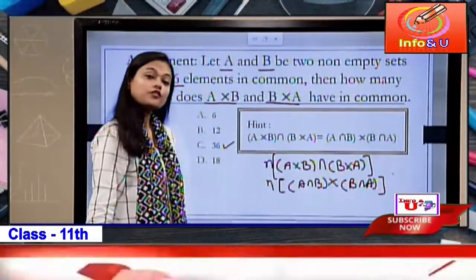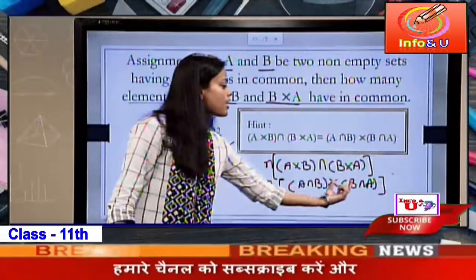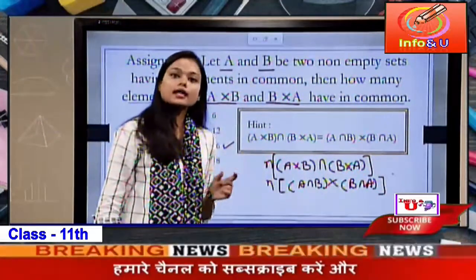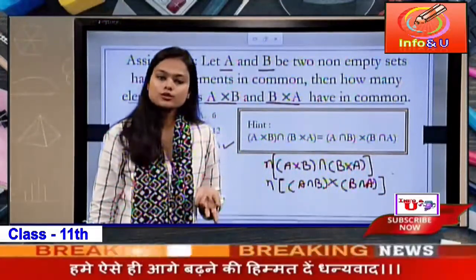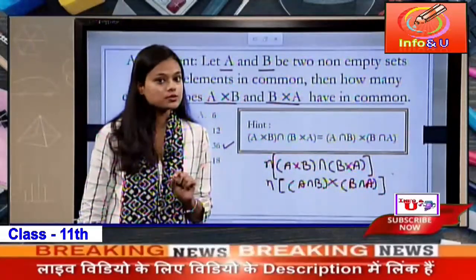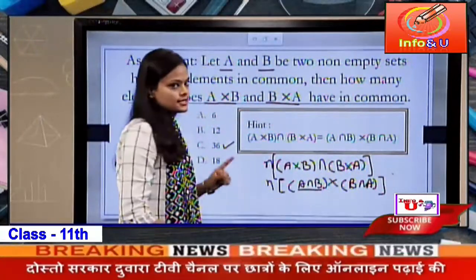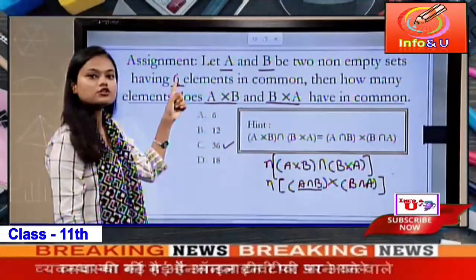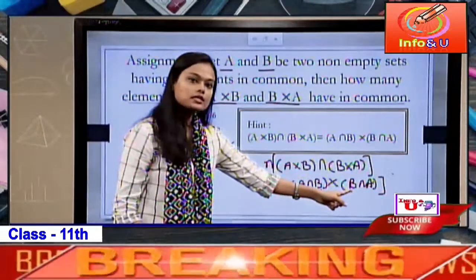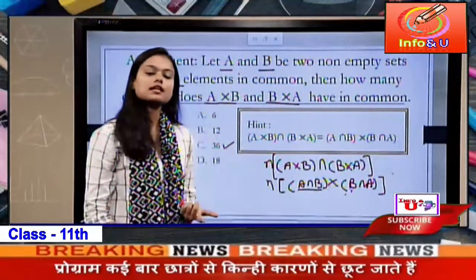Now, we already know that the number of elements in the Cartesian product of any two sets is equal to the product of the number of elements in the individual sets. And how many elements are in the intersection? 6 elements. It is already given to us. Again, B intersection A is also the same. How many elements in this? 6 elements.